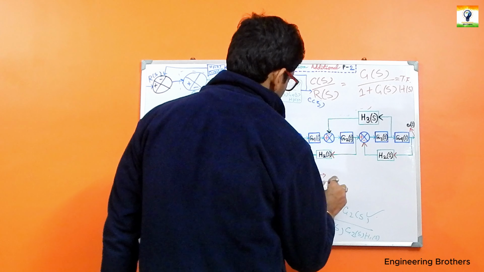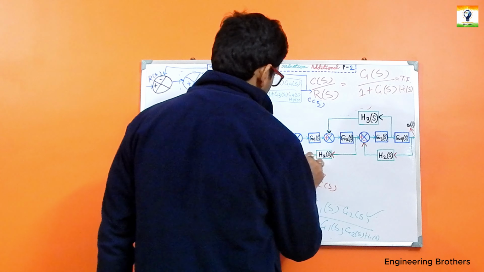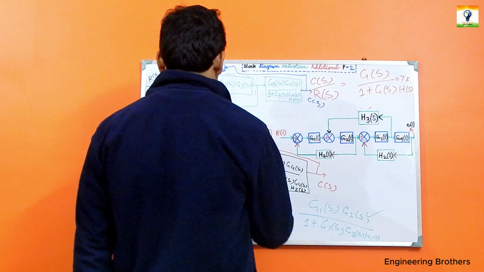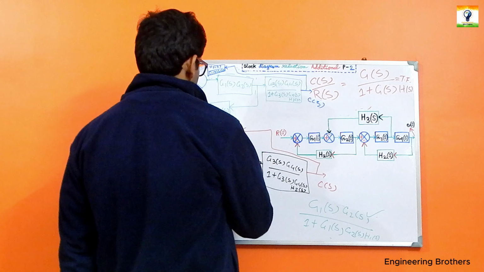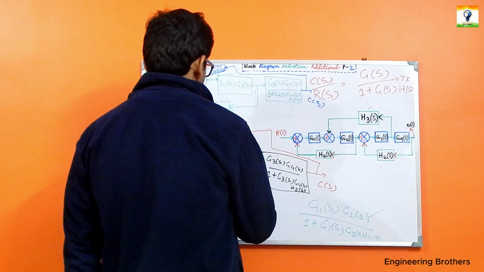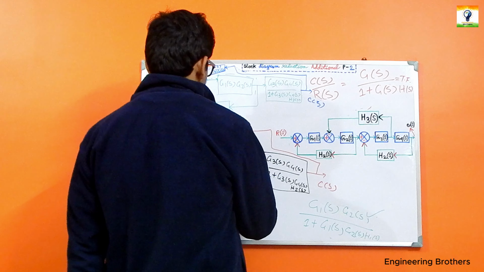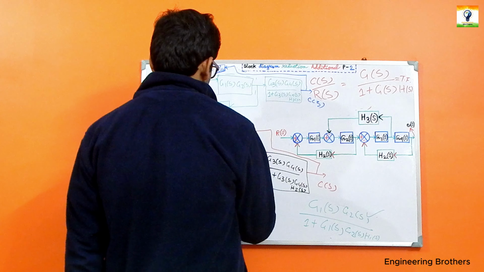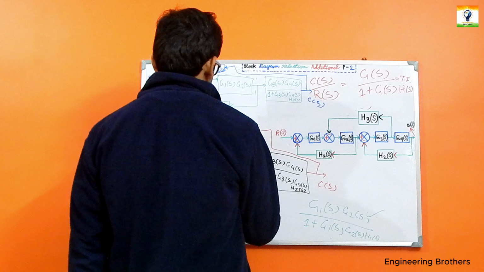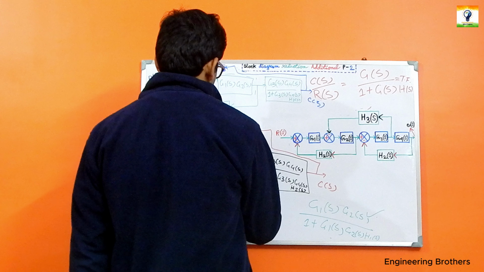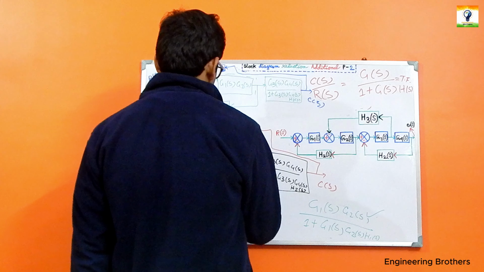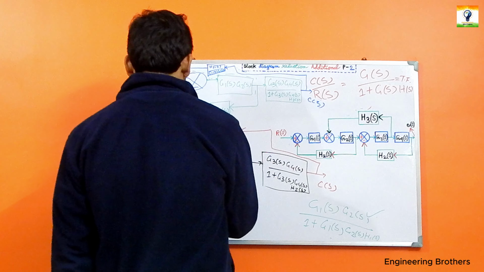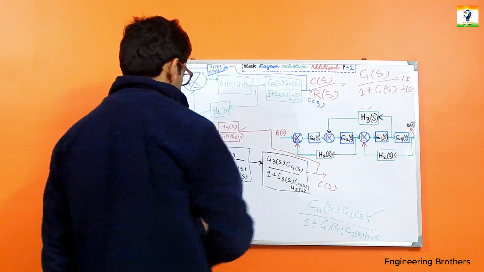This is our CS, and quite naturally the feedback point for this one is our S3s divided by our G1s G4s, and that has ended over here.